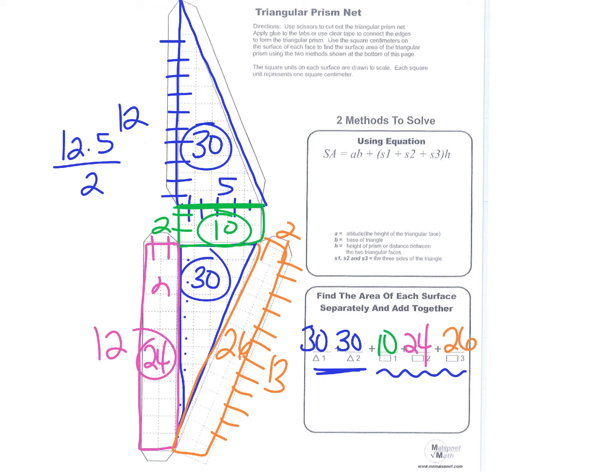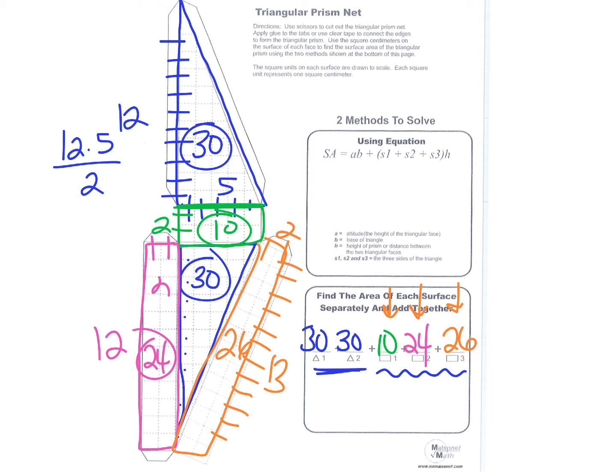Notice in this case, even though it would fold up to be a right triangular prism, my 3 rectangles are all different. So it's really important that we count those rectangles and we do the math on them because they may not always be the same. So we can't make any assumptions now with triangular prisms.